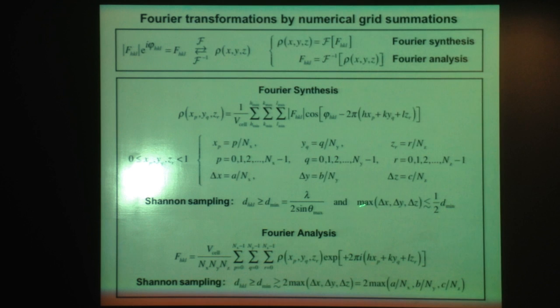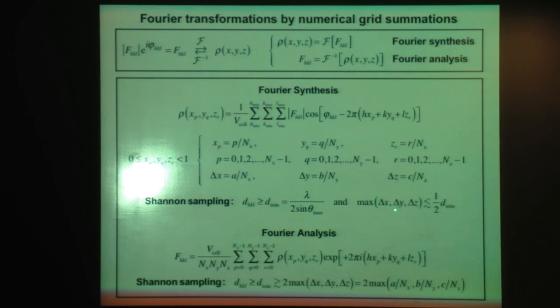And the maximum interval size that we need then, the delta x for going out along the x-axis, delta y, delta z, okay? That is the c direction over the number of divisions.